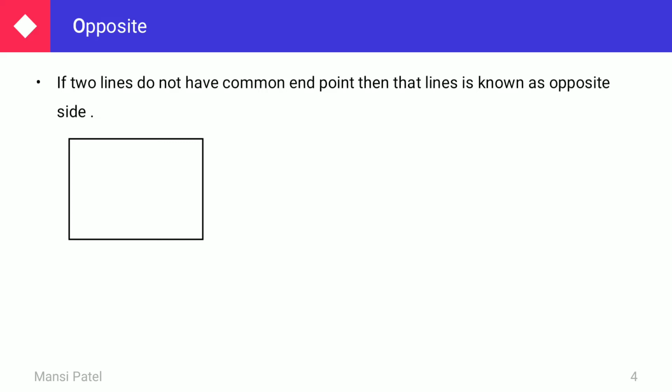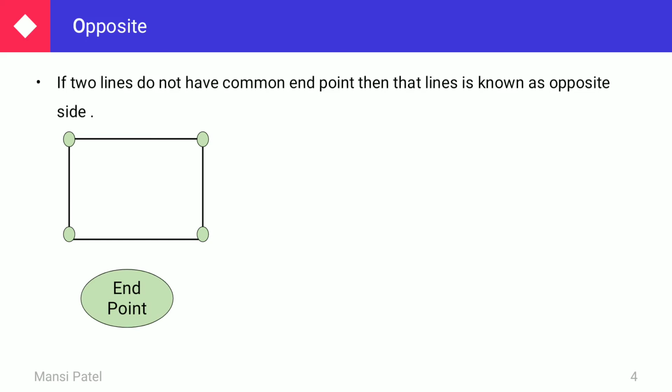Do the first and second lines have a common endpoint? No, they do not have a common endpoint. So both of these are known as opposite sides.